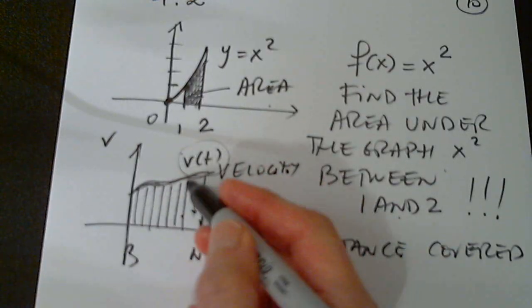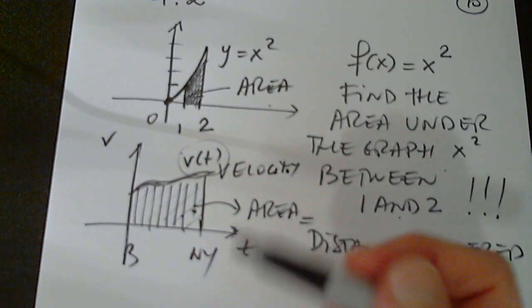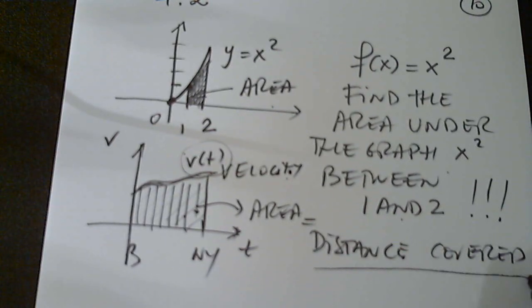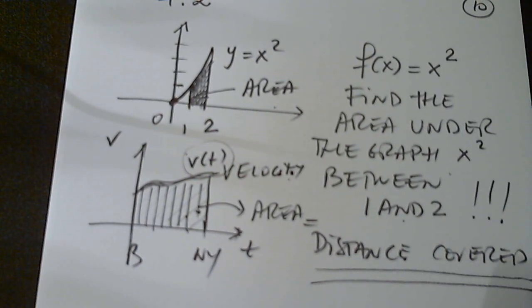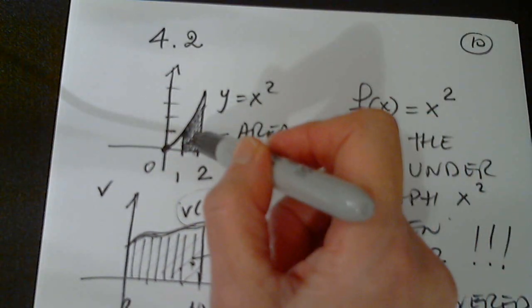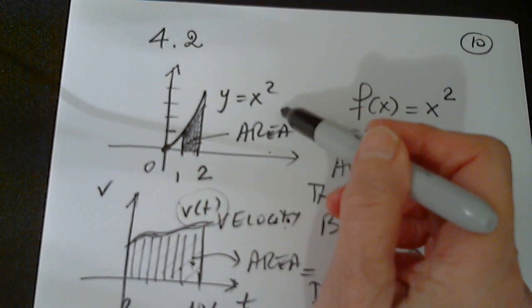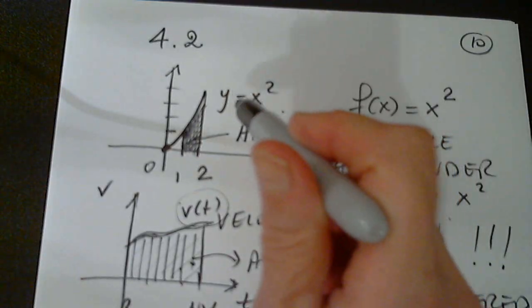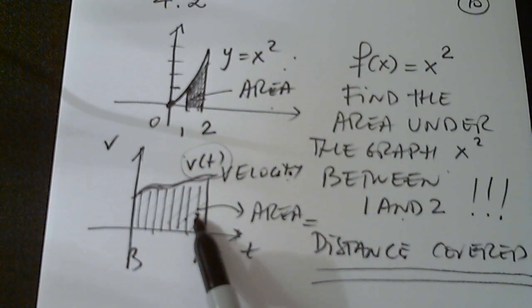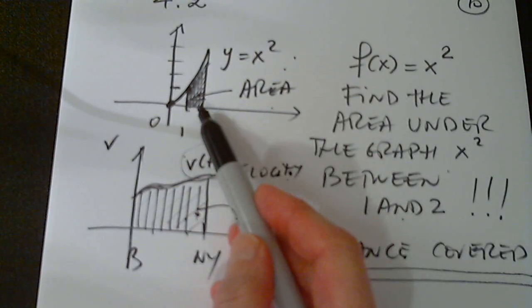So if I find this area under the graph of the velocity, I immediately obtain in this process the distance covered. So coming back to our simple example, find the area under the graph of y equals x squared between 1 and 2. This is the purpose. But let's look at a very simple example to see how it's done.